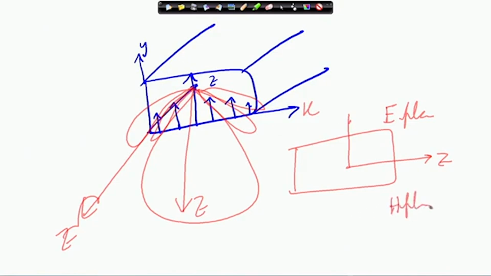For a rectangular waveguide, the H plane is the x z plane. We will continue this discussion in the next class.